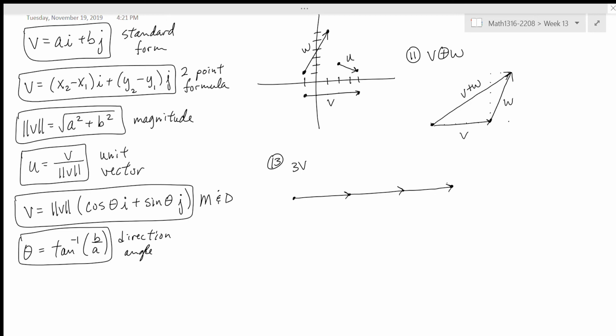Do you notice that vector v has the same direction as 3v? It just is 3 times as long. So scalar multiplication increases the length, but it doesn't change the direction. Got it? What about vector addition? Yeah, you have a new angle, right?